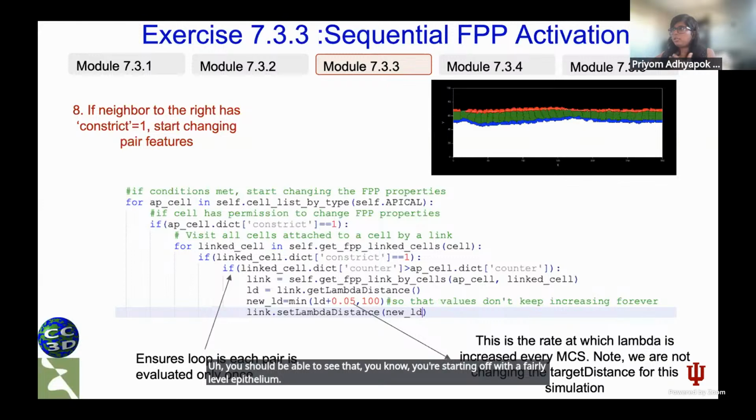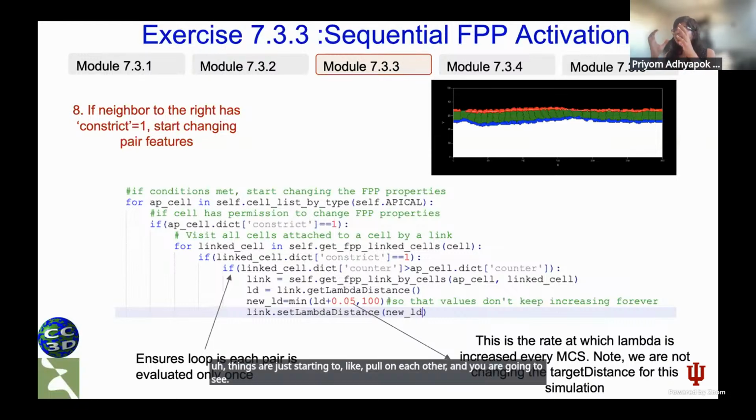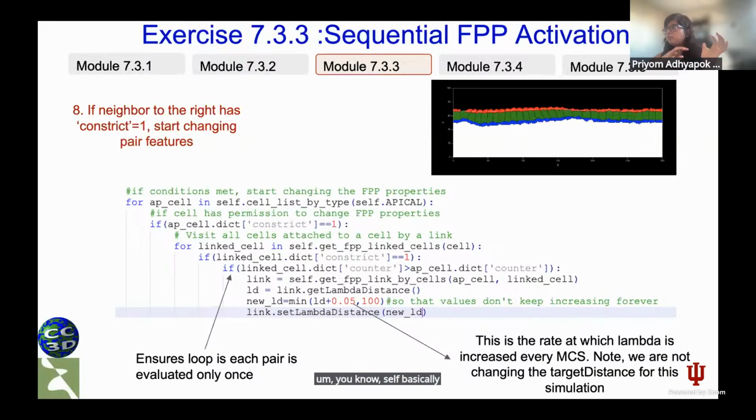As time progresses, things are just starting to pull on each other, and you are going to see cells basically reorient from left to right. If you can download and run 7_3_3b, let me know if you're able to achieve something like that.